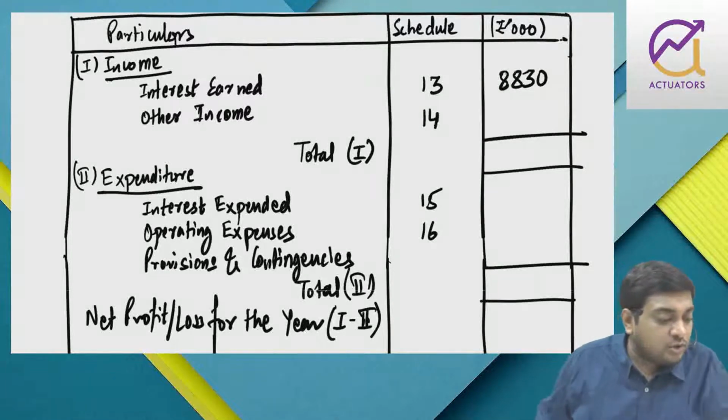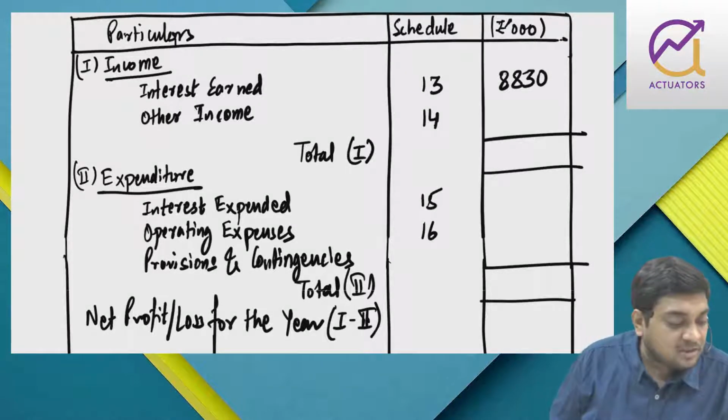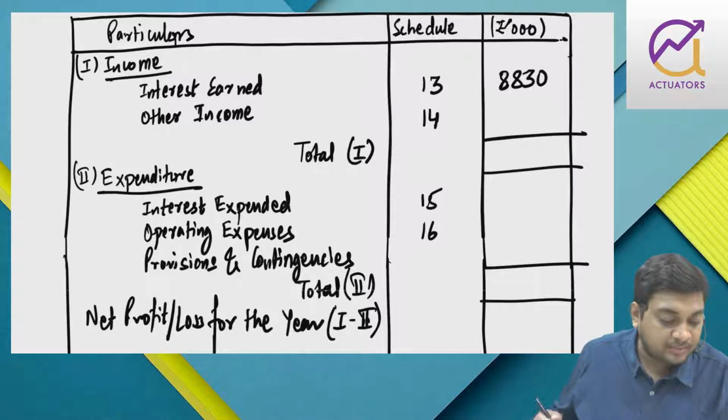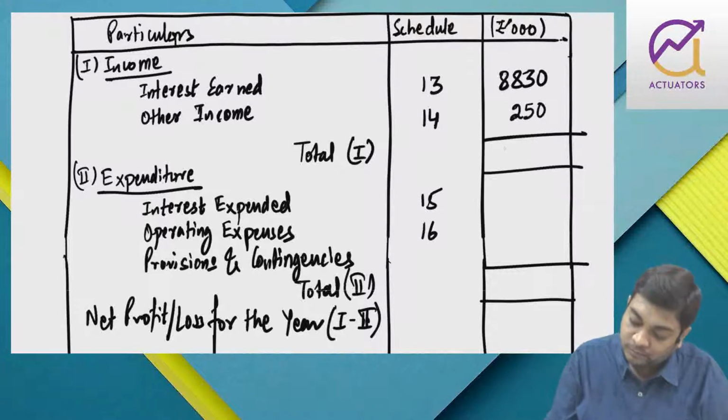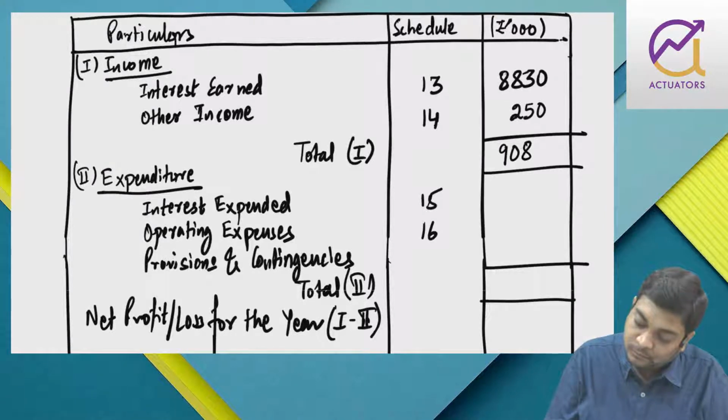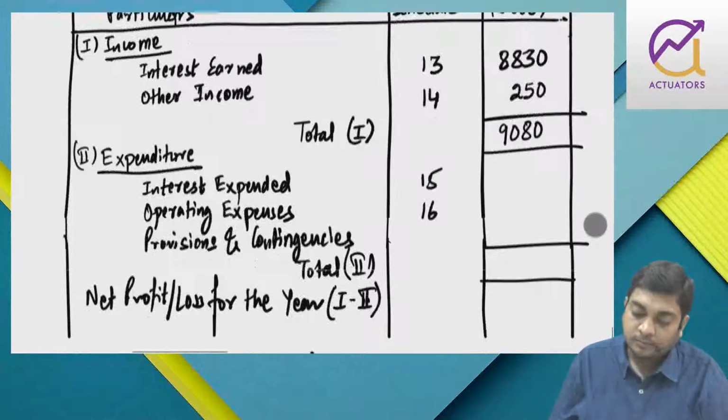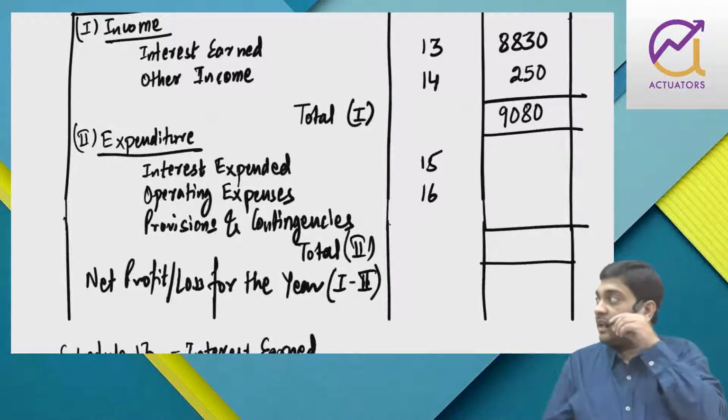For other income, you don't have to prepare any schedule if time does not permit, because it is given. There is only one single adjustment, 250. Is that fine?